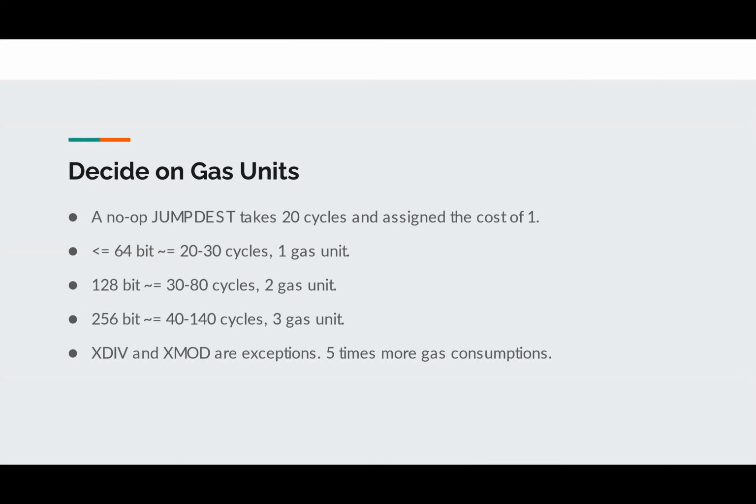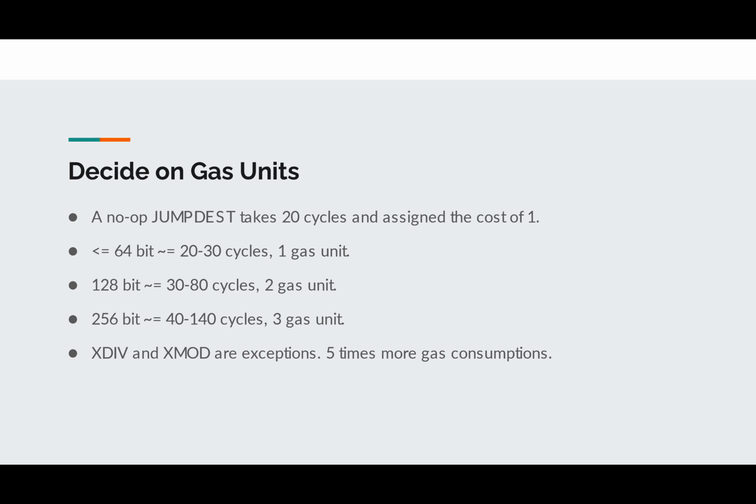While assigning gas units to those instructions, we used this idea. We know that a no-jump test instruction takes approximately 20 cycles for C++ ALET, and it is assigned a cost of 1. Then we have other measurements for SIMD instructions with operands of less than 8 bytes. It takes 20 to 30 cycles, and we assign this 1 gas unit because we are basing it on the jump test cycles.